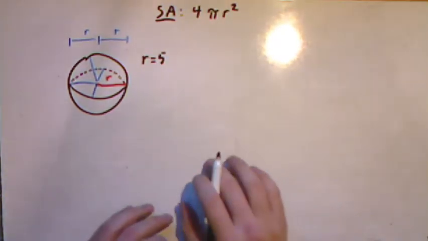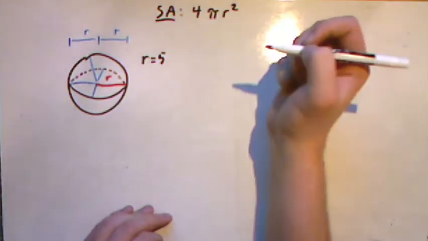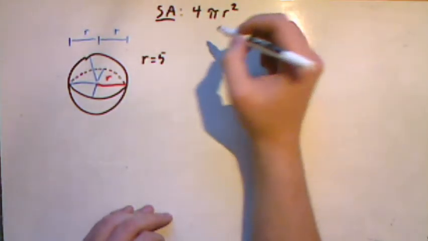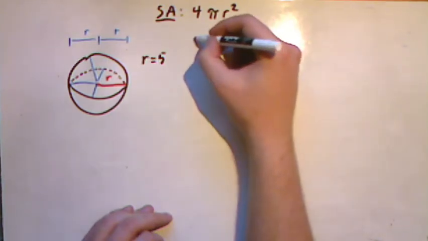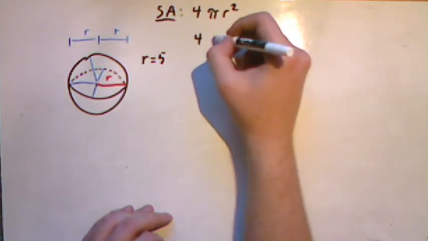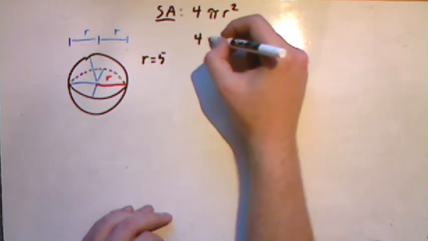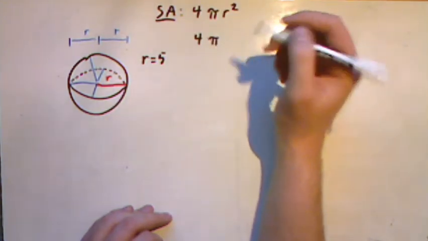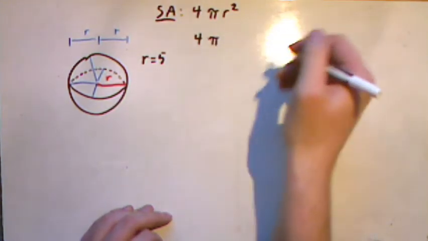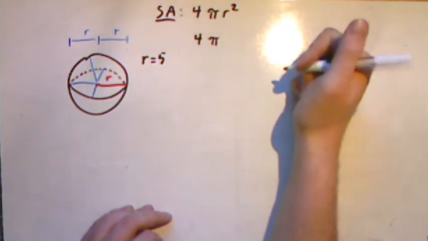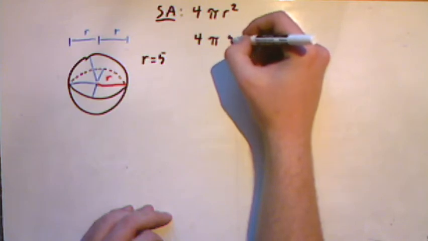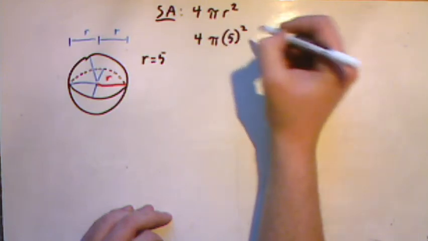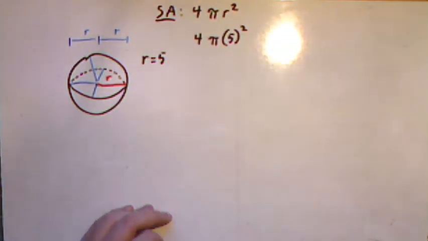So when we have our radius as 5, when we plug into our surface area formula, we leave the 4 alone, we leave the pi alone, because in this case, of course, we are not given a value for pi, so we're leaving it as the symbol itself, but we do have a radius, which we have to make sure to square.